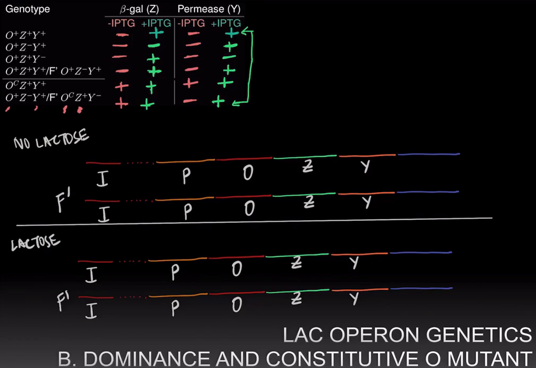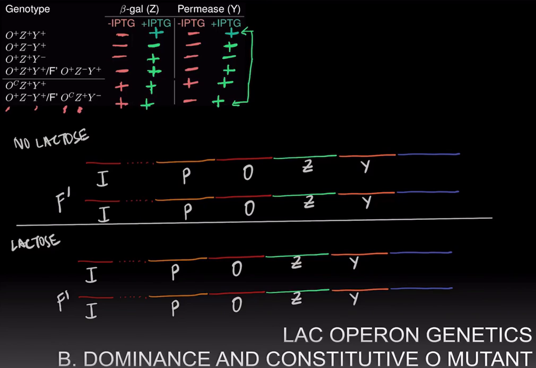And recall that this is one piece of DNA and this is another piece of DNA. This implies that the operator only affects those alleles that are on the same piece of DNA as the mutant allele of the operator.